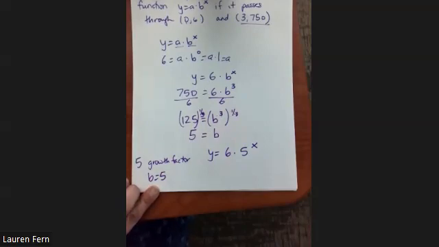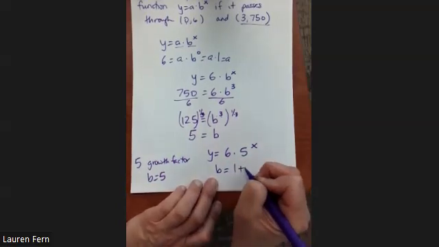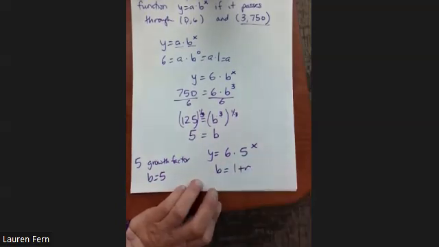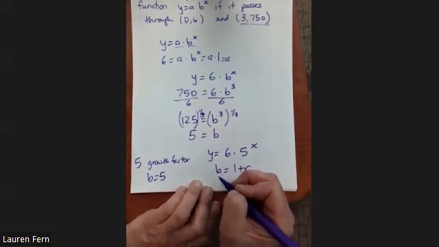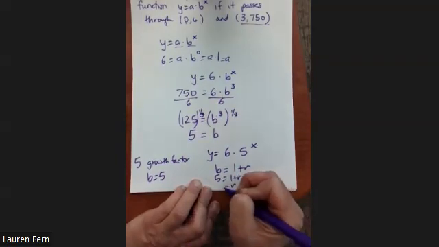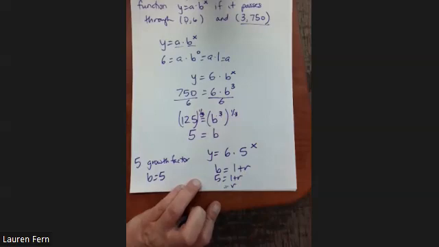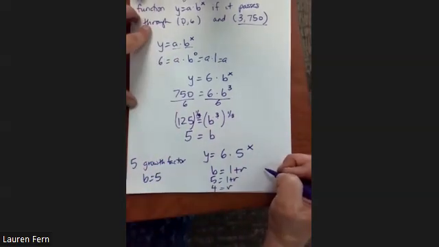Remember how we were playing with this last time? When you're growing, isn't b equal to 1 plus r? What's my b here? 5. So what is r equal to? 4. So what is my growth rate in percent form?